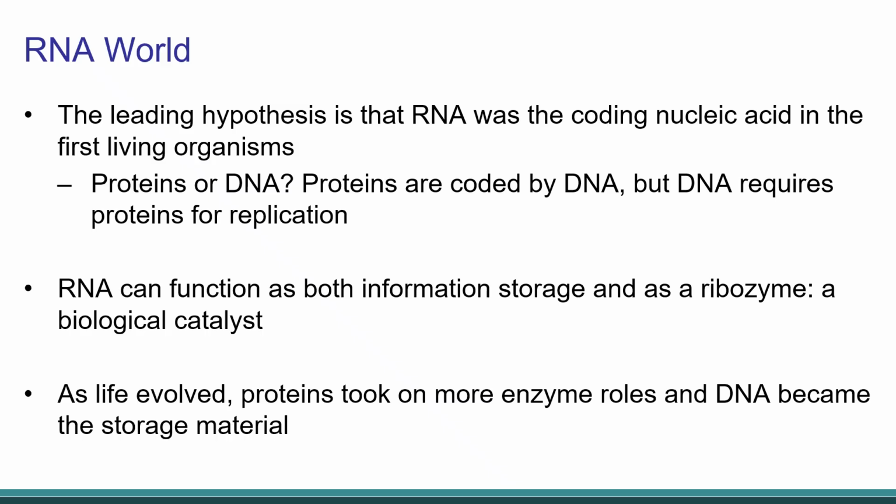And if you want long-term maintenance of your genetic information, you probably want it in DNA. And so as evolutionary history trudged on, proteins began to take on more of an enzyme function and a variety of functions in the cell. DNA became the storage material, and RNA took on a variety of different functions.